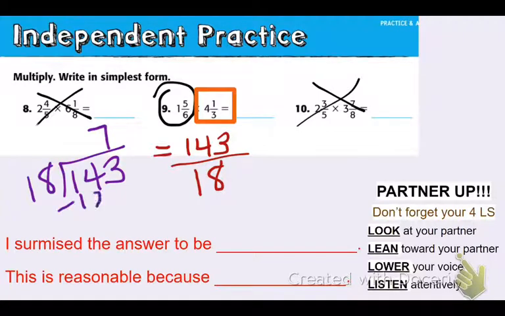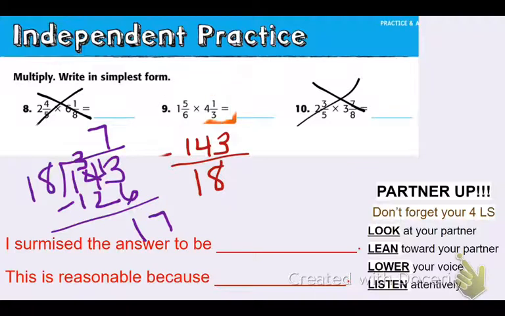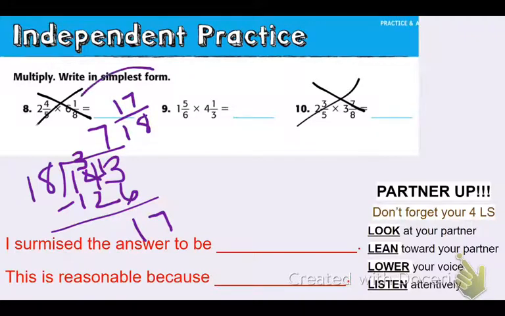So I can make 7 groups of 18. I'm going to need to subtract to see what's left that will not fit into a group of 18. Well, there's 17 left, so it's almost another group of 18, but not quite enough. I'm missing one. So it's 7 groups of 18 with 17 out of 18 left.